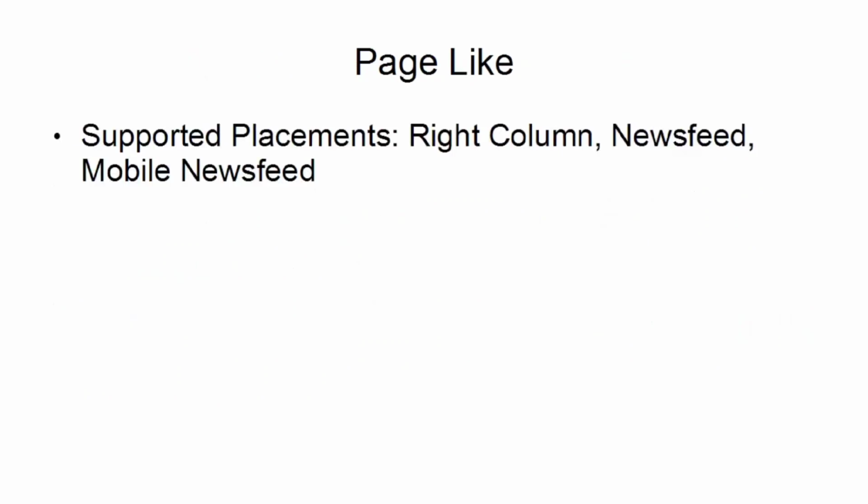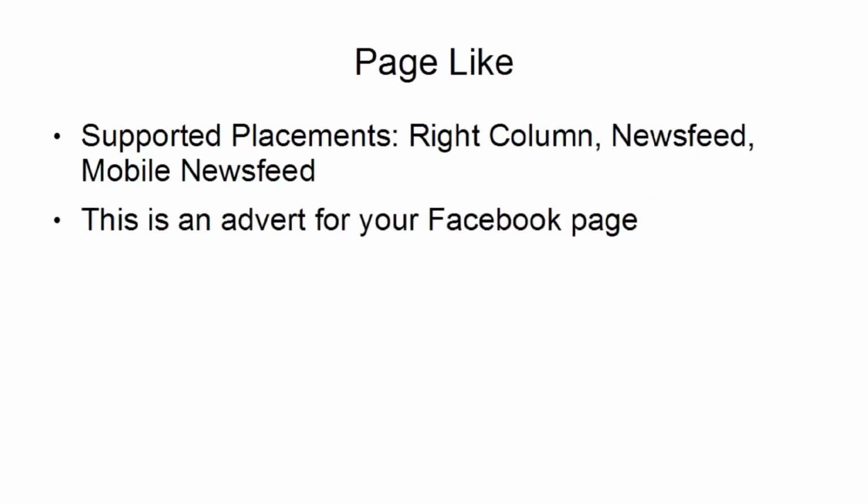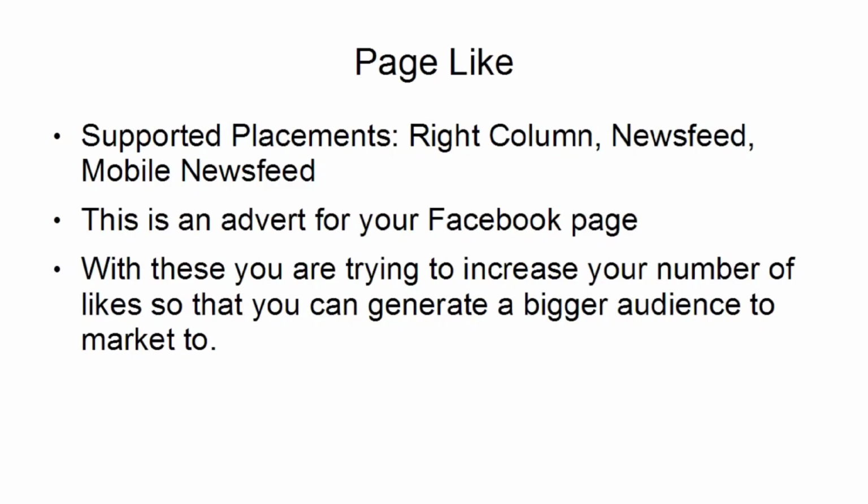Then there's page like, and the supported placements are the right column, the newsfeed, and the mobile newsfeed. This is basically an advert for your Facebook page. What you're trying to do is increase the number of likes so that you can generate a bigger audience to market to.